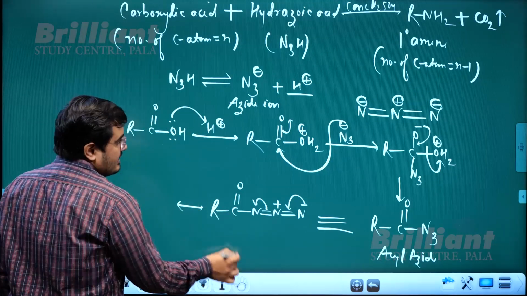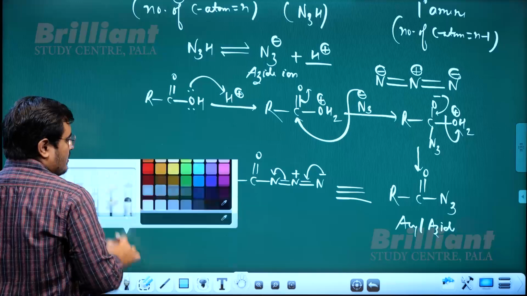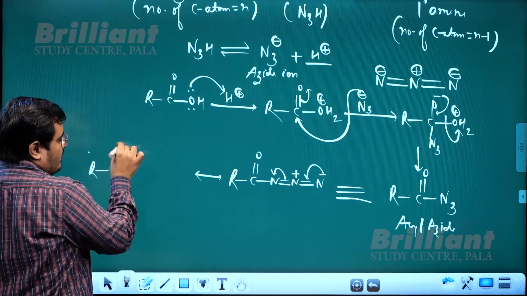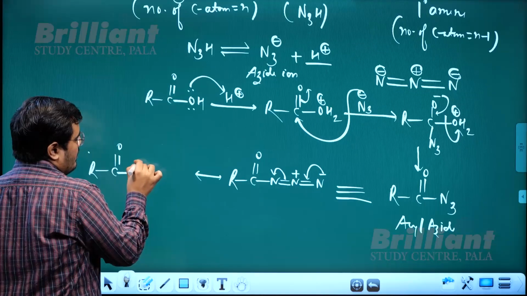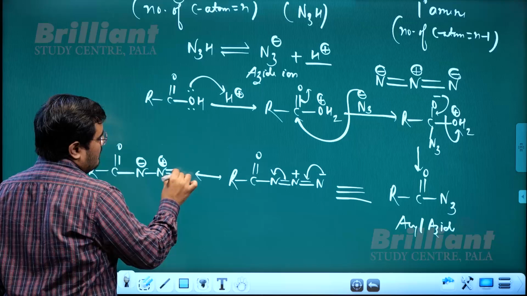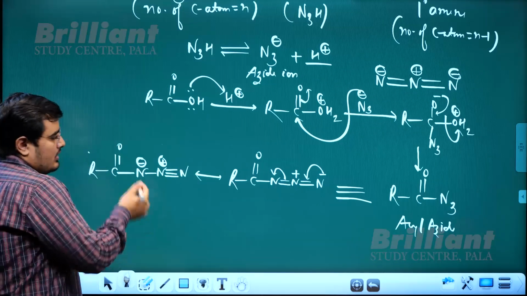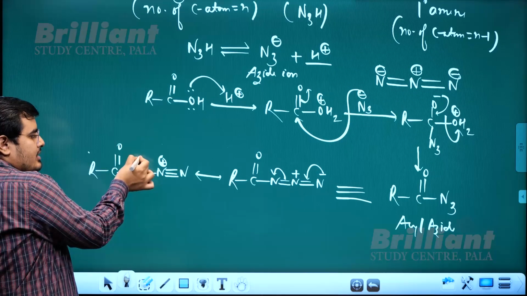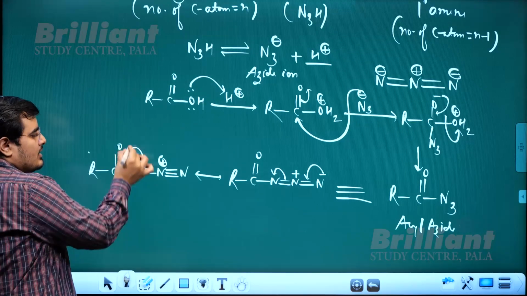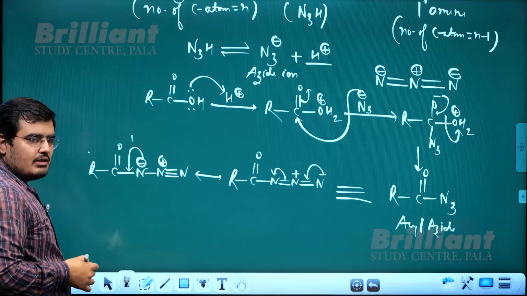So the other structure will be RC double bond O, N minus, N plus triple bond N. Now this actually undergoes a rearrangement where this bond shifts in between carbon and nitrogen. Let's say this is the first thing that happens.